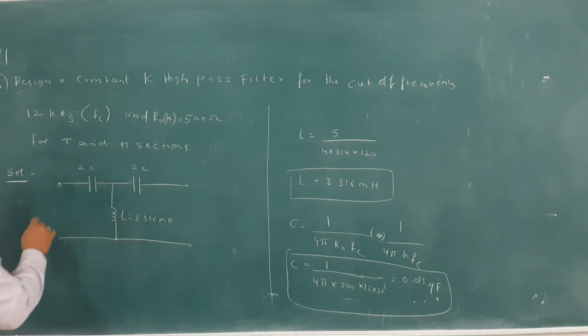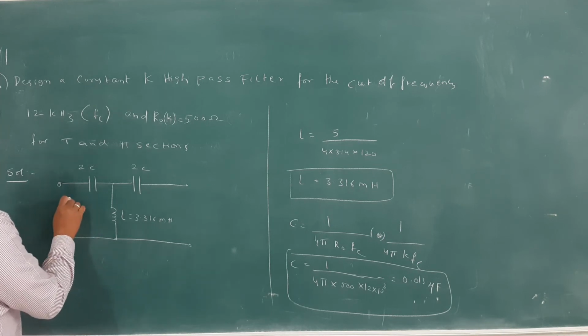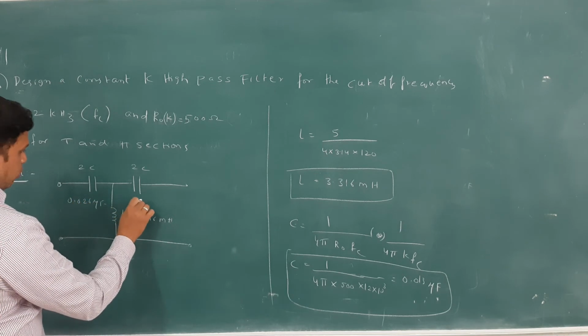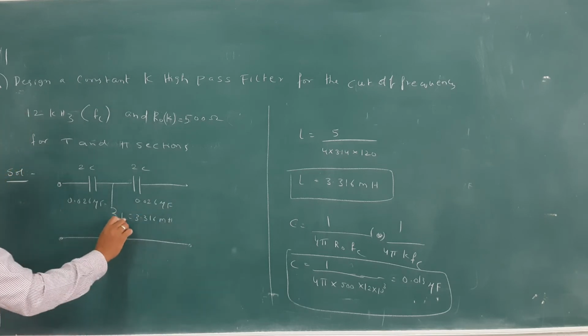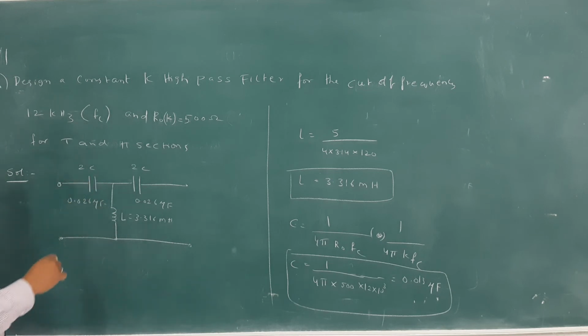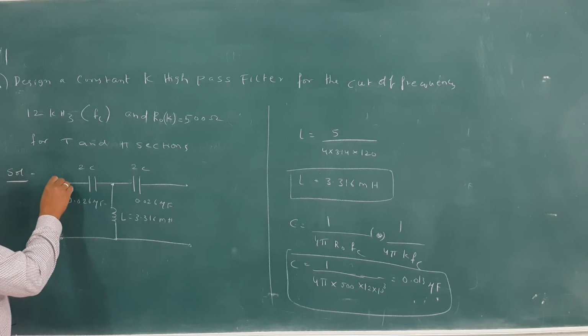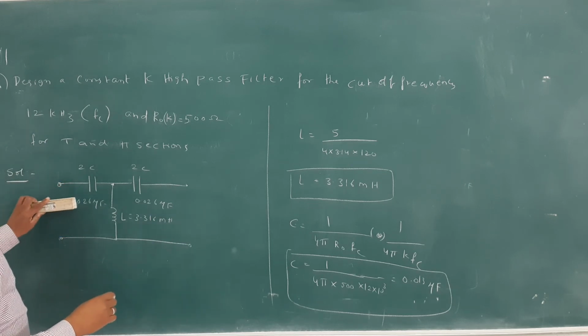So 2C means it is 2 into the capacitor value, 0.026 microfarad, and here it is 0.026 microfarad. So here shunt impedance will be L and series impedance will be 2C. Okay, this is 2C value, that is 0.026 microfarad.